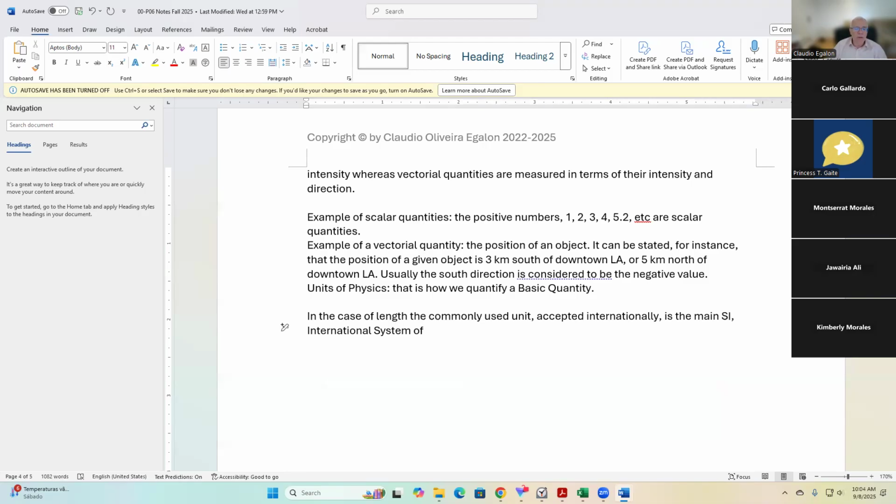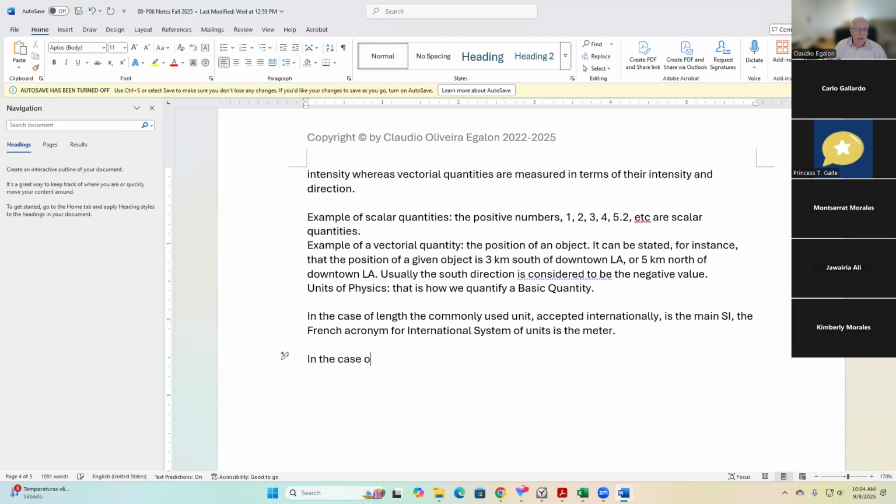That's what SI stands for, the French acronym for international system of units. The unit is the meter.